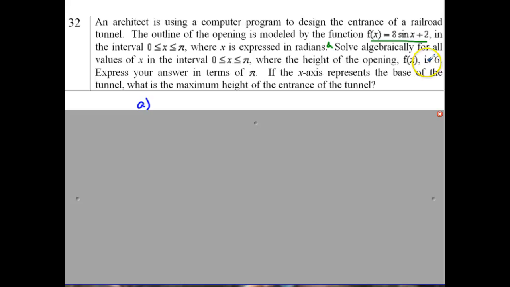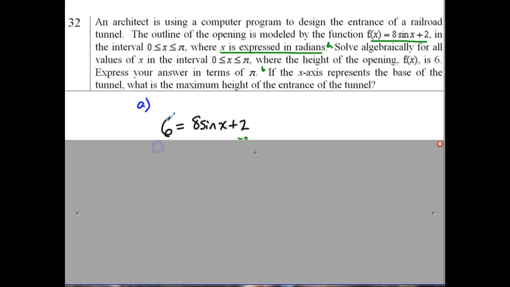So it's basically saying sub in 6 for f of x and do the math to find out what x is. And then give your answer in radians. And then there's a follow-up question, part B, that wants to know the maximum height of the entrance of the tunnel. So let's do part A first.